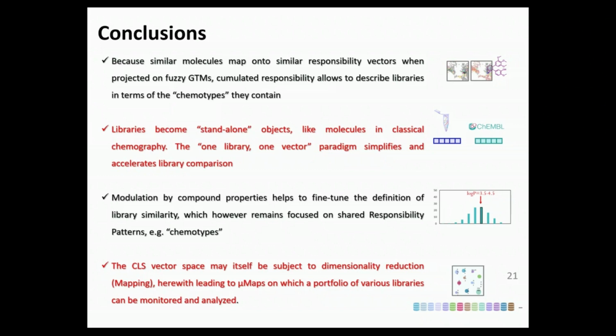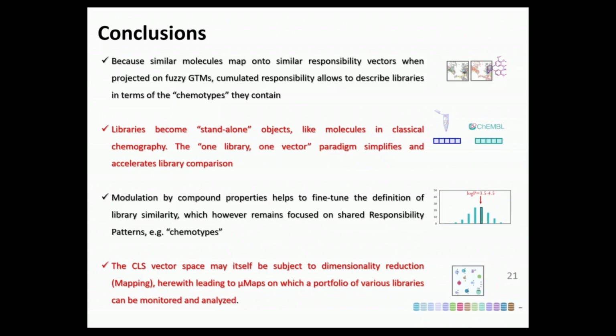That makes libraries become standalone objects like molecules in classical chemography. You don't have one molecule, one vector, but now you have one library, one vector, and that makes life really easy.